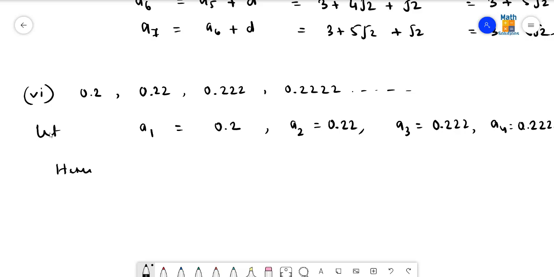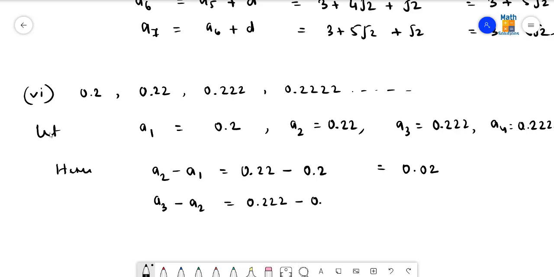Here what do I get? A2 minus A1 means 0.22 minus 0.2. The answer comes as 0.02. Yes or no? Then A3 minus A2, I get here 0.222 minus 0.22. The answer will come as 0.02.